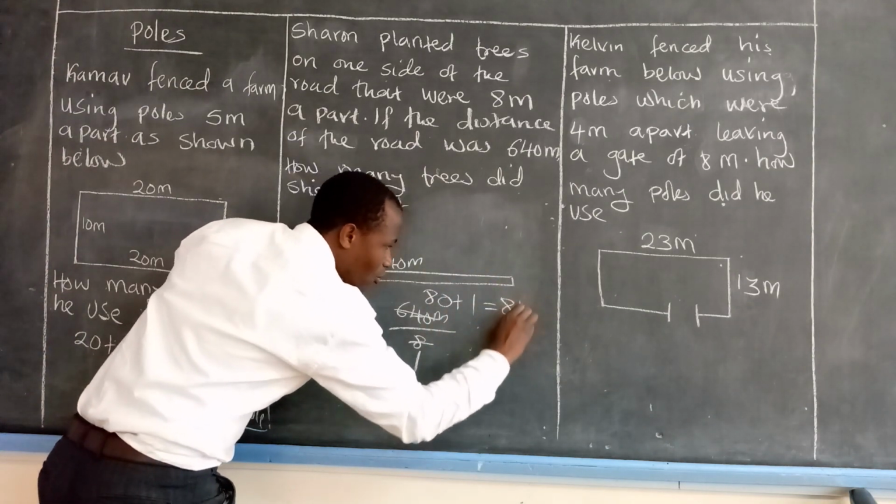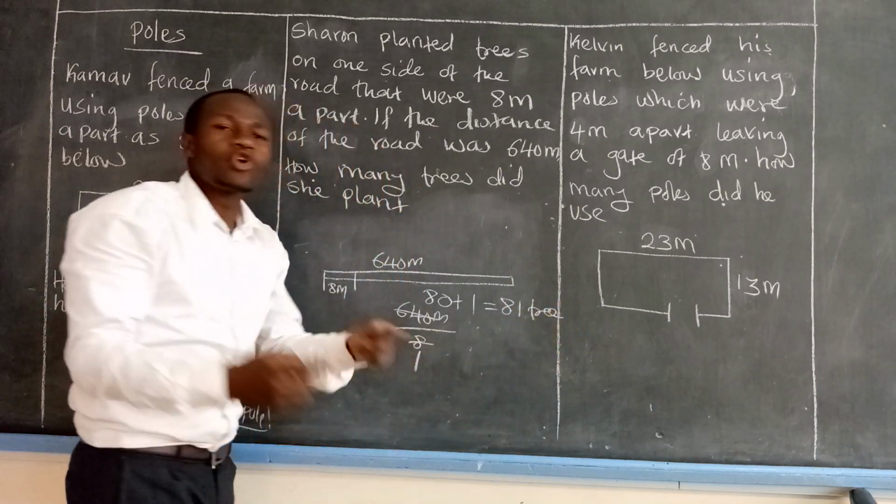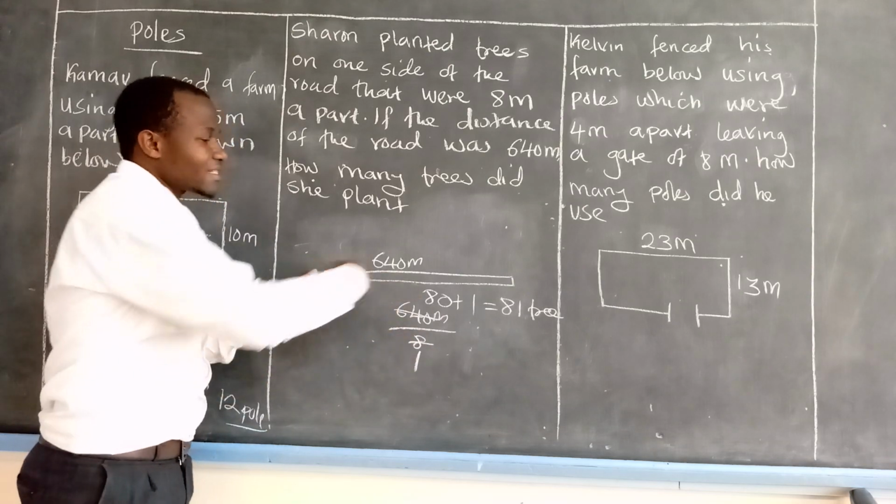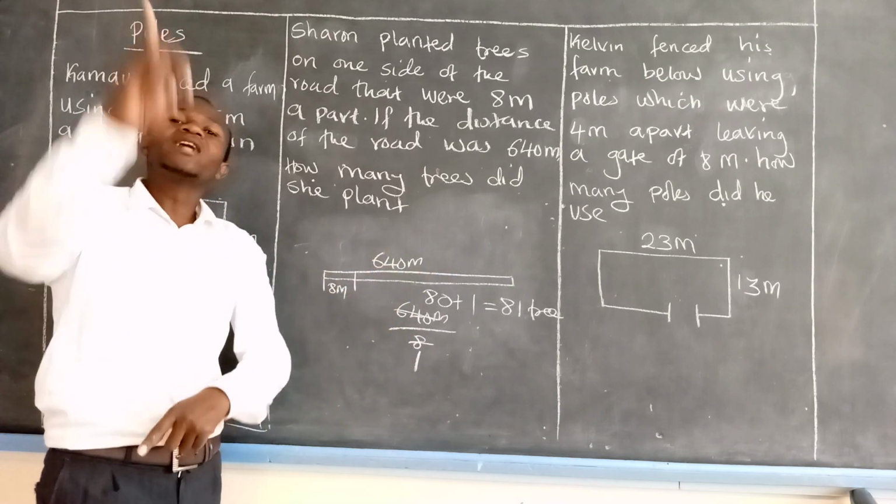The answer will be 81 trees. This means on a straight line, take the distance, divide by the interval, and add 1.